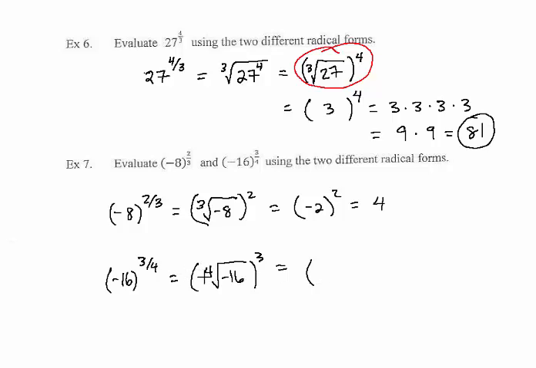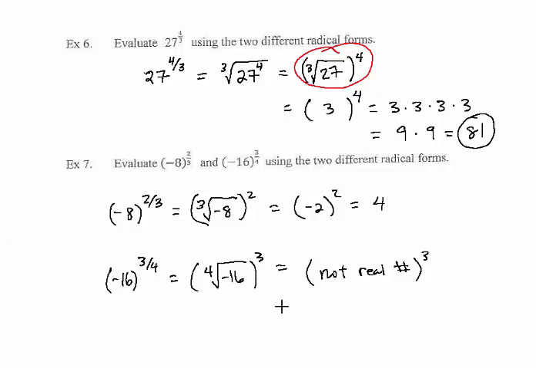This 4 is an even index, and we have a negative inside. And so what we have inside here is not a real number raised to the 3rd power. It's not going to turn out to be a real result. So we just sort of wave our hands at that.